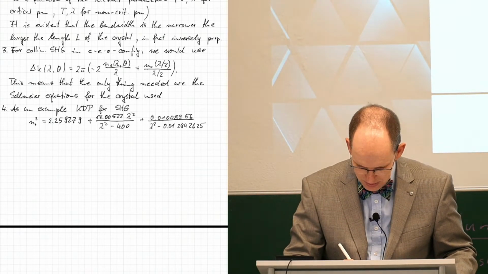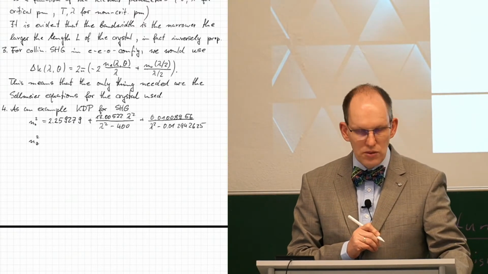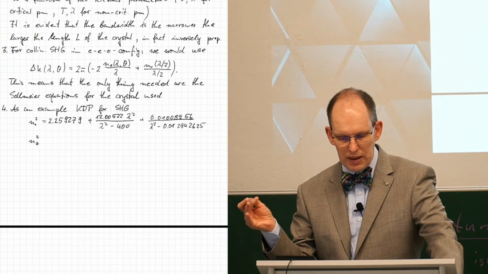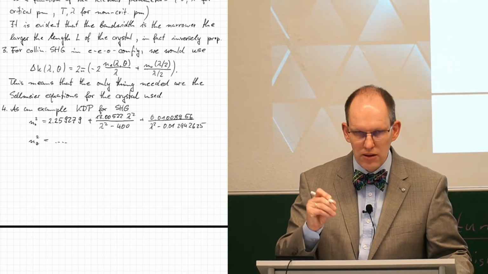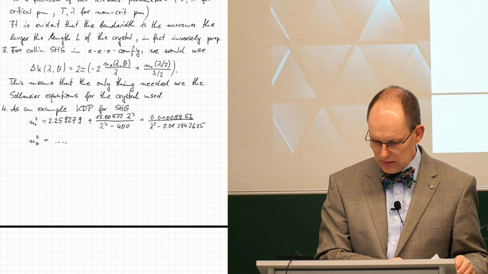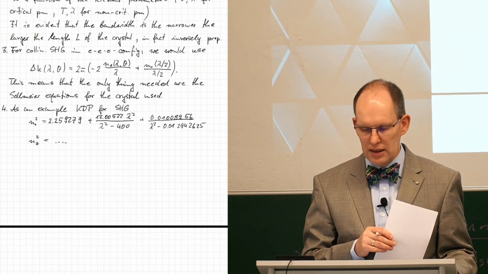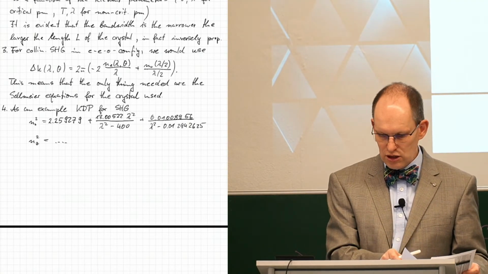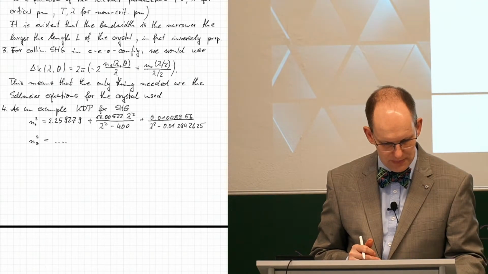And there's a similar formula for the other direction of this uniaxial, positively birefringent crystal. I'm not going to write it down. It looks similar, yeah? But just that you have seen how such Sellmeier equations look like. As I said, this one I just got from a web page of a company.